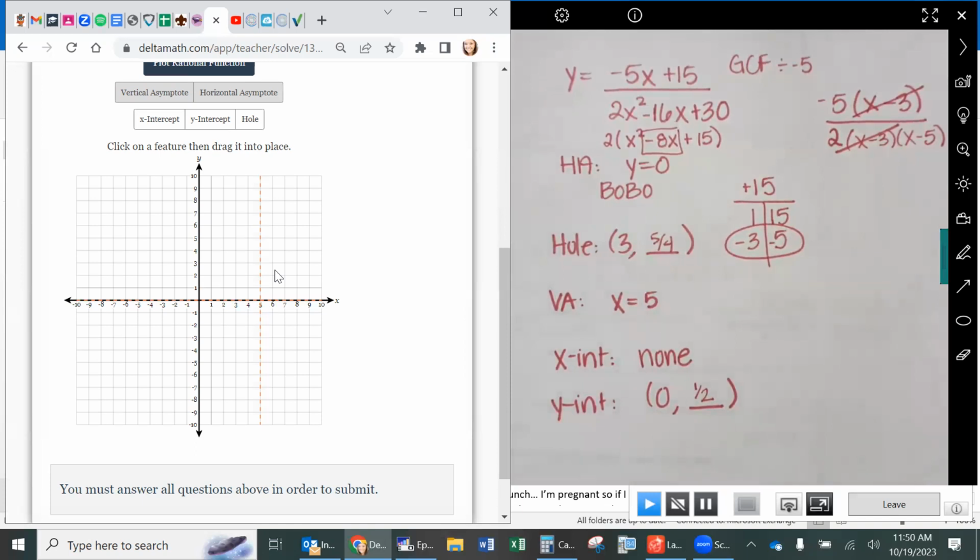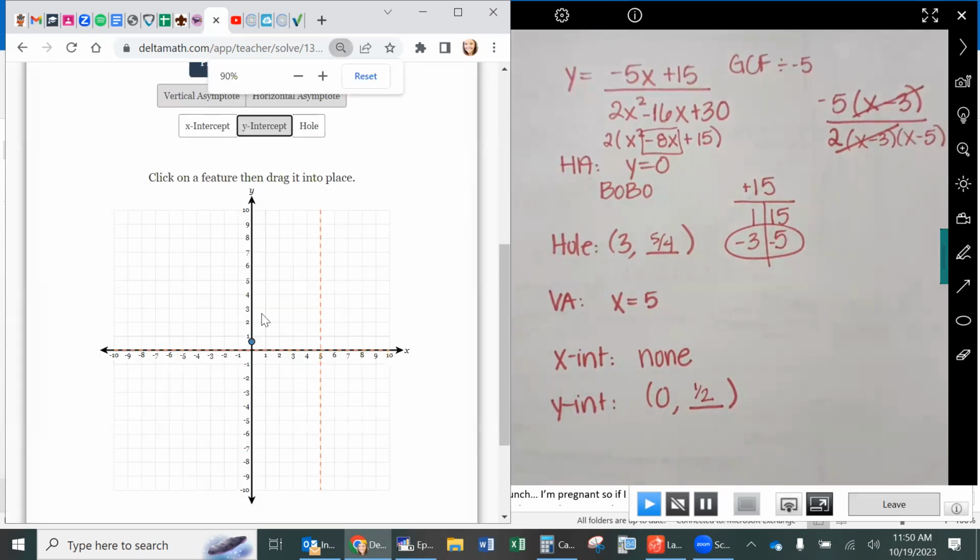So click y-intercept. And then I want you to drag it. It's always going to pop up at 9. Drag it down to about half the box. Okay, half the box. Then I want you to click on hole. And I know that I want it to be at 3.